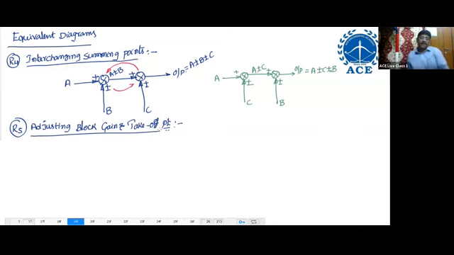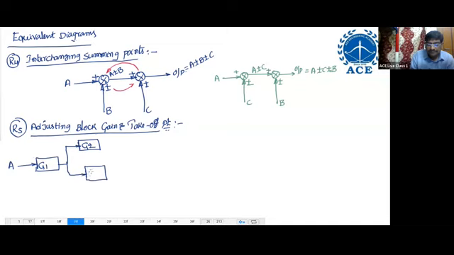For example, here A, G1, G2, G3, and here a take-off point.